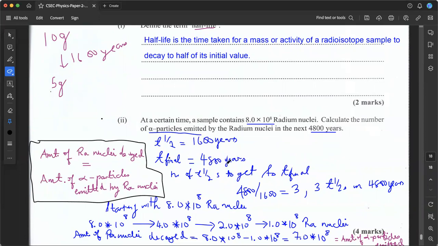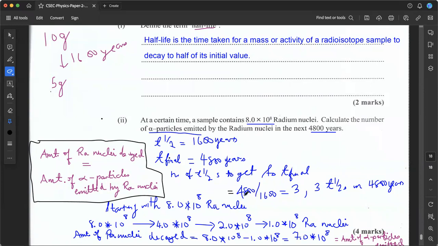The next 4,800 years. If I know that the half-life is 1,600 years, what I want to do first is find out how many half-lives I would have gone through by the time I get to 4,800 years. To do that, we just divide our endpoint by the half-life itself.